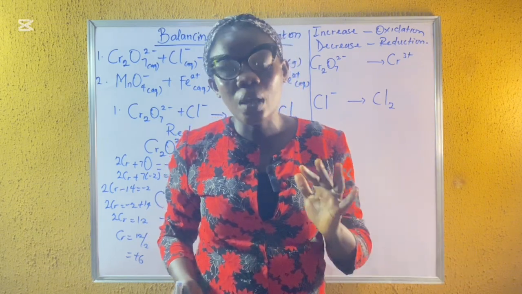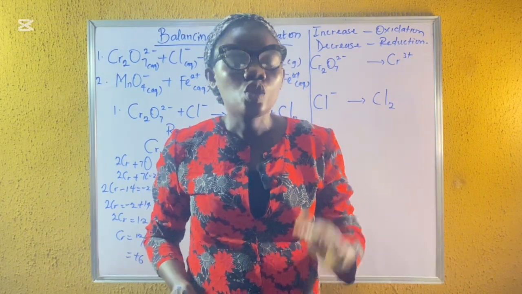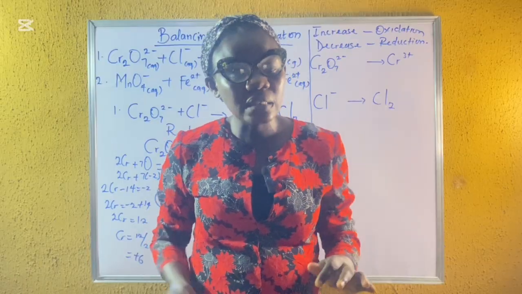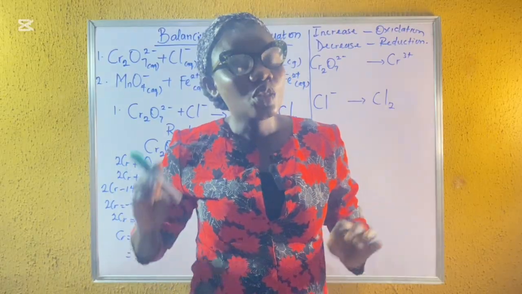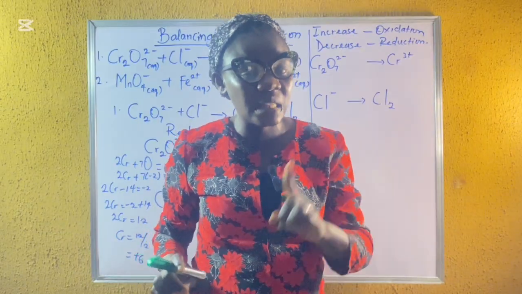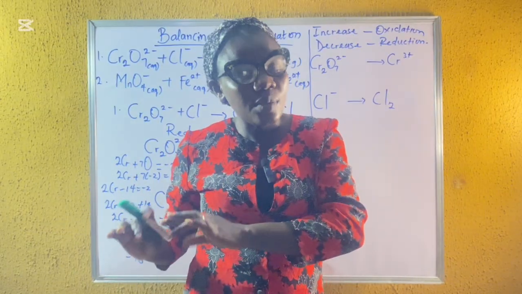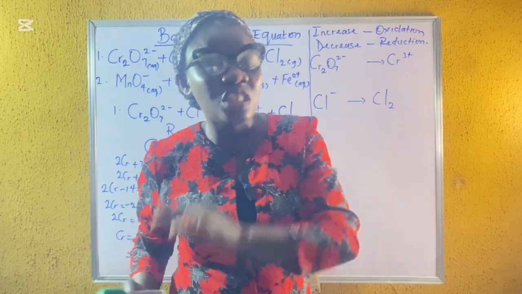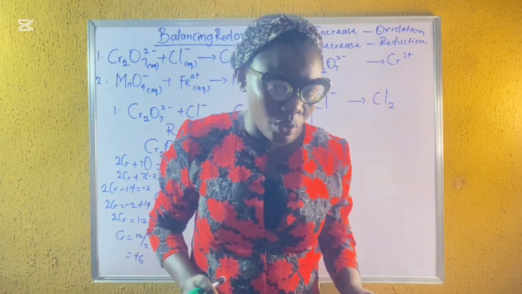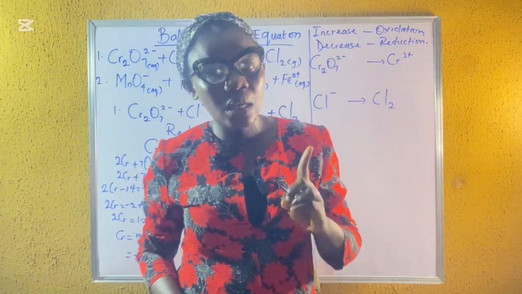That's for a redox reaction in acidic medium. Let me recap. To balance oxygen, you'll be adding H2O to where there is deficient oxygen, and H+ to the other side if it is an acidic medium. You'll be adding H2O to where there is deficient oxygen, and OH- to the other side if it is a basic medium.